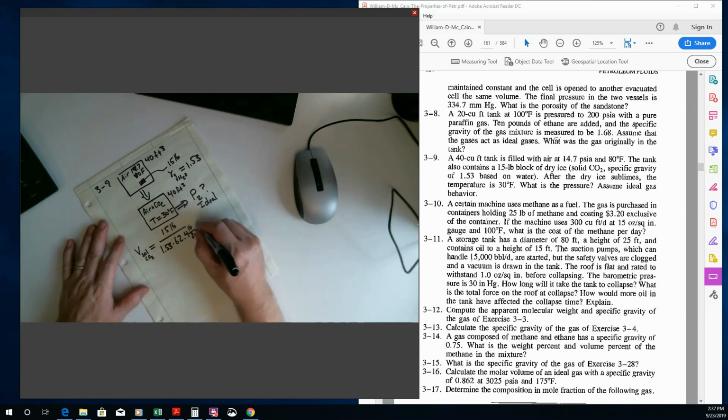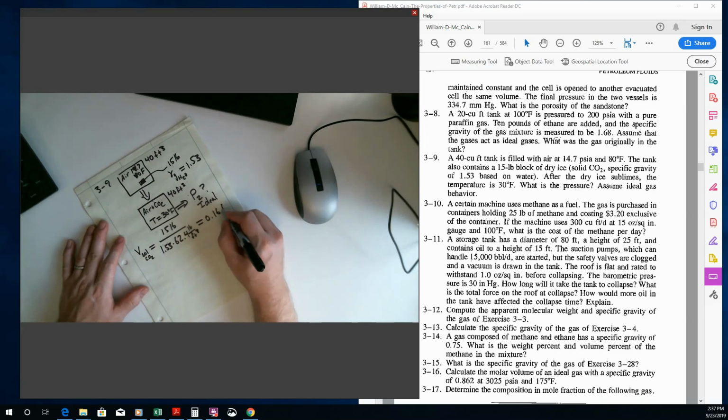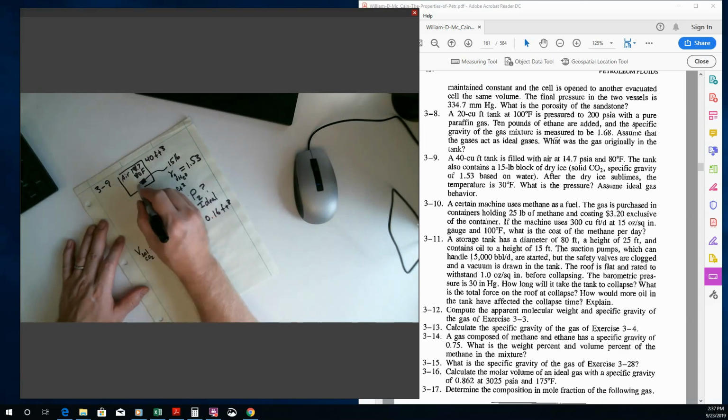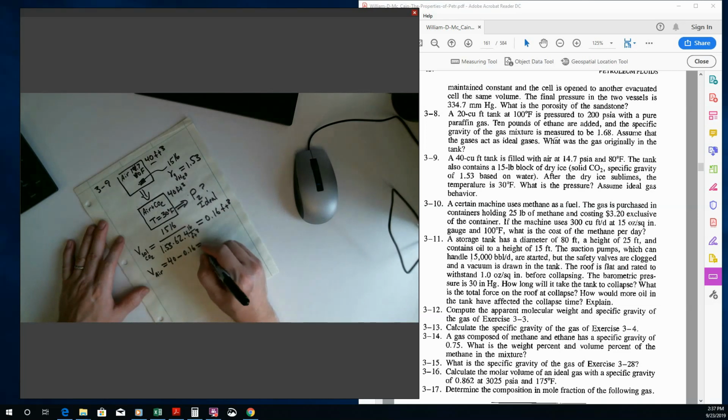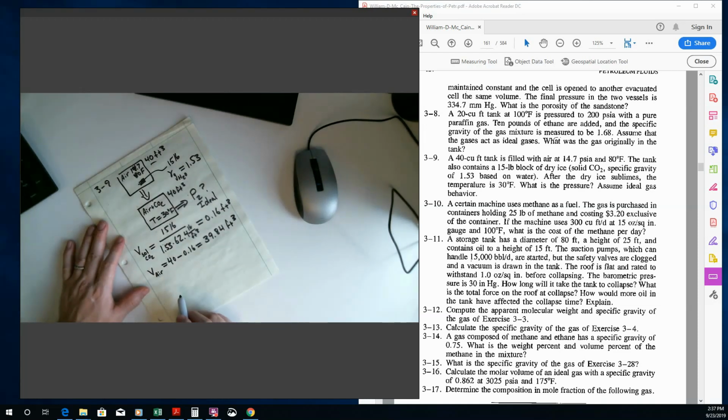If we calculate that out, we get approximately 0.16 cubic feet for this dry ice. The initial volume of air can then be calculated as 40 minus that 0.16, which equals 39.84 cubic feet of air around this solid.